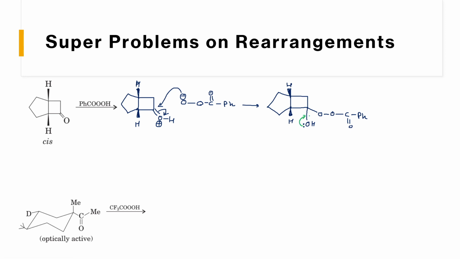It will come over here, and one of the bonds connected to this carbon atom where oxygen is sending its electron, it will break, and it will come over here, and this bond will come over here, and this will come over here.